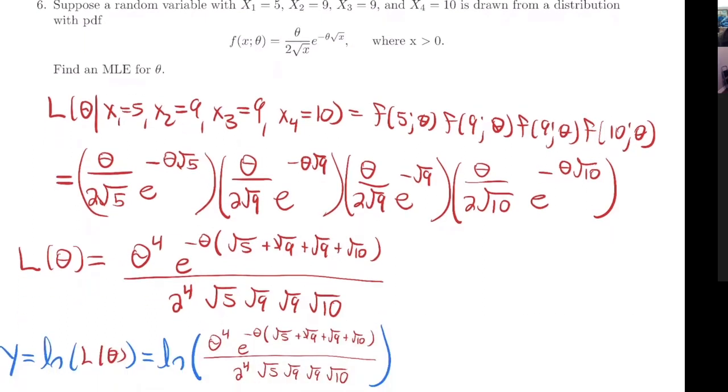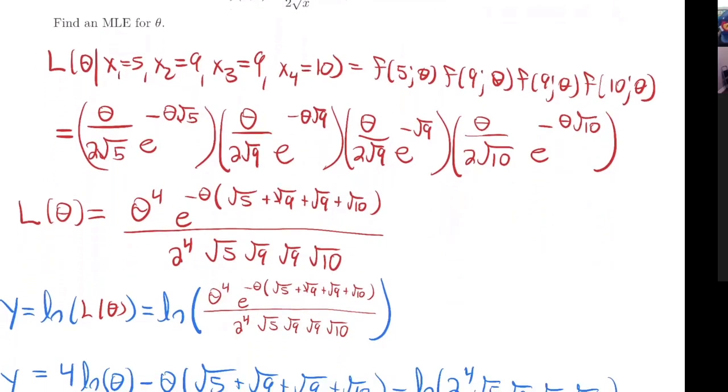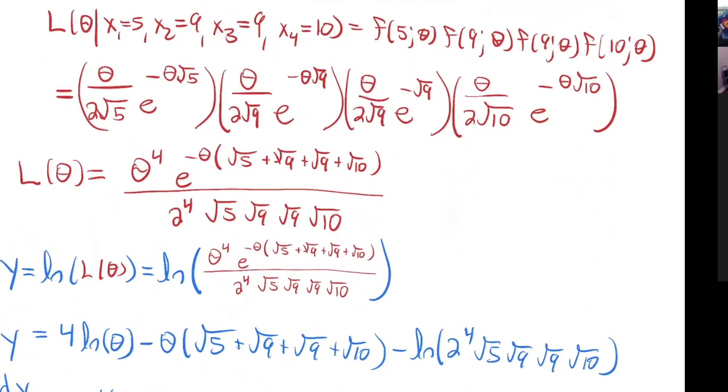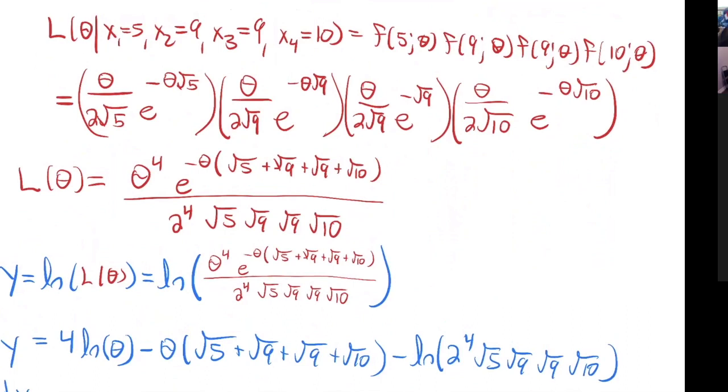So when we take the log of that, or excuse me, the natural log of that, that would simplify here. So we can break up the stuff on top, right? We break up products. There's an intermediate step here.